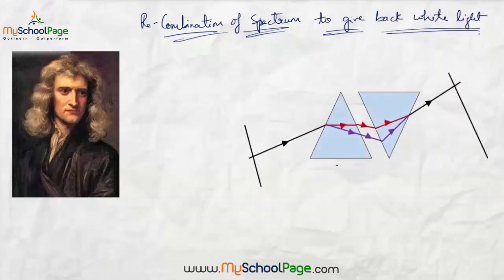So Newton took 2 prisms, prism 1 and this is prism 2. The first prism was placed on its base and another similar prism is placed next to it in the inverted position on its vertex, so that its refracting surface is on the opposite direction.